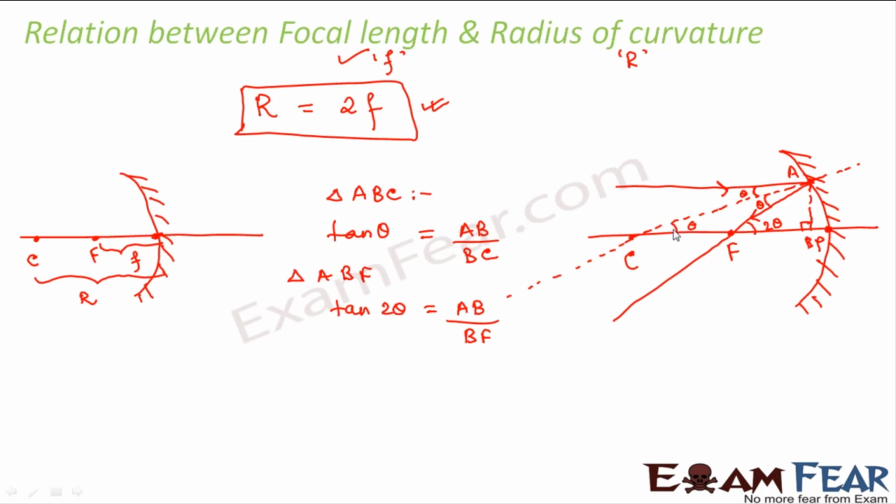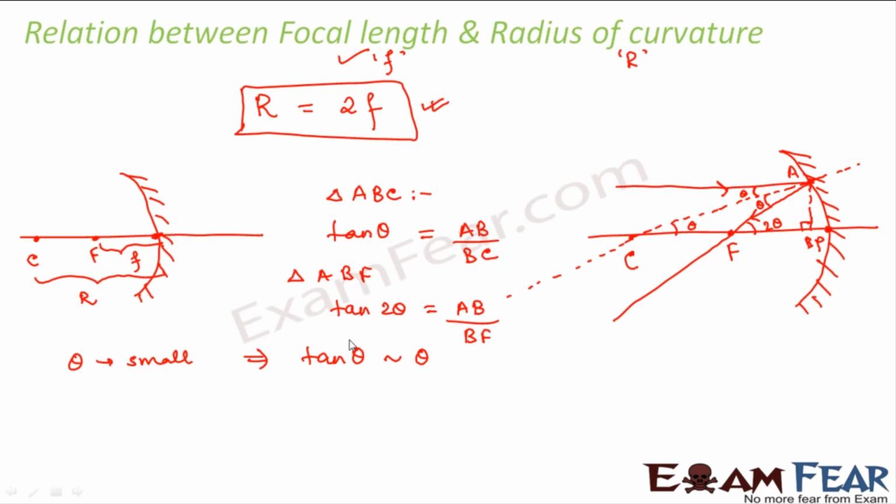Right? Now here, this angle theta is assumed to be very small, because incident rays make very small angles to the principal axis, because the incident rays don't make very large angles. So we can say that theta is quite small. Now if theta is very small, we can say that tan theta is approximately equal to theta. All these things you would have studied in your trigonometry, right?